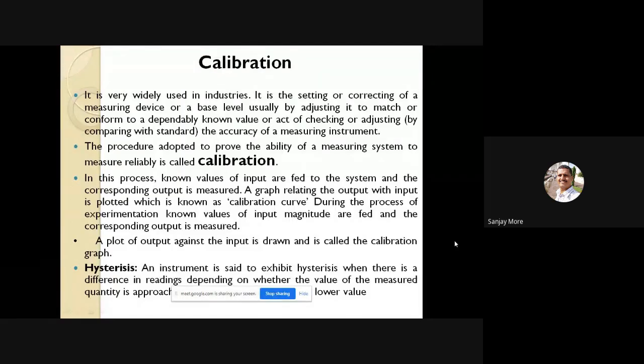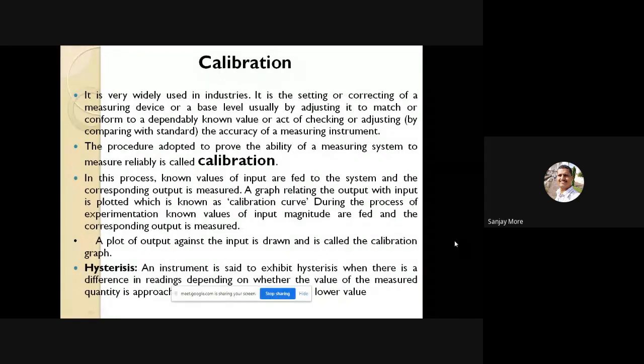Next is calibration. Whenever instruments or equipment are used in industry, they are regularly maintained and calibrated because of accuracy and to maintain continuous reading.